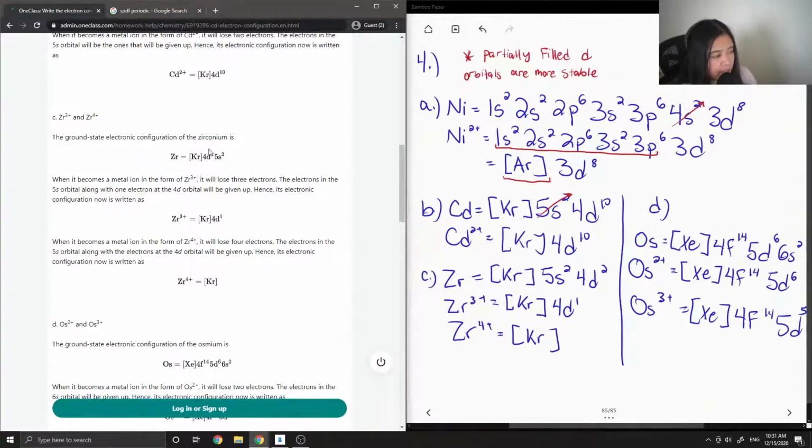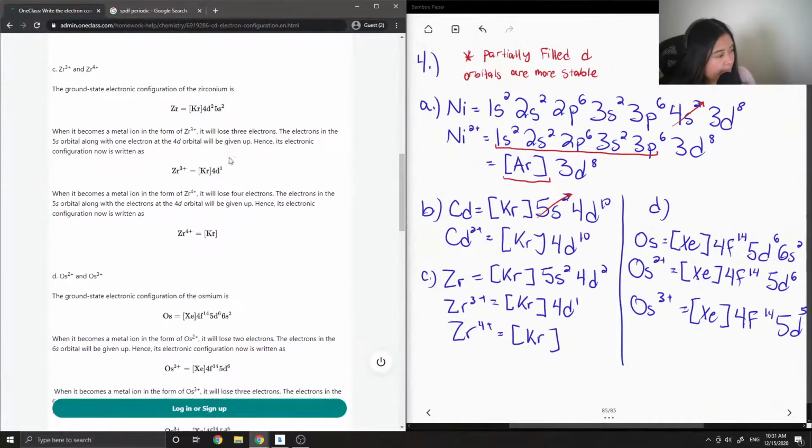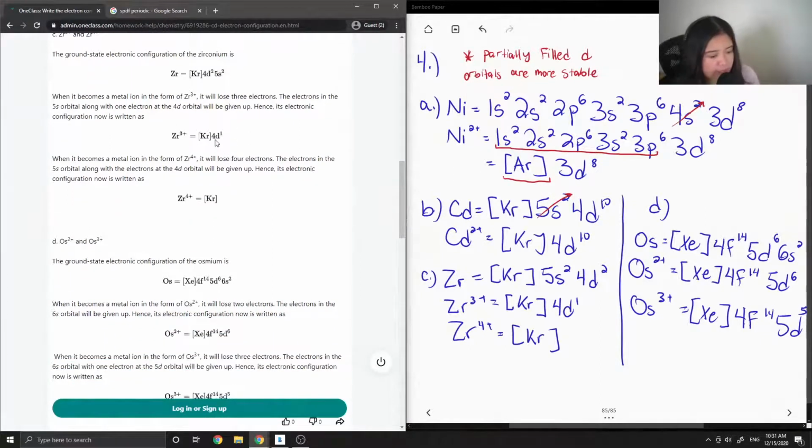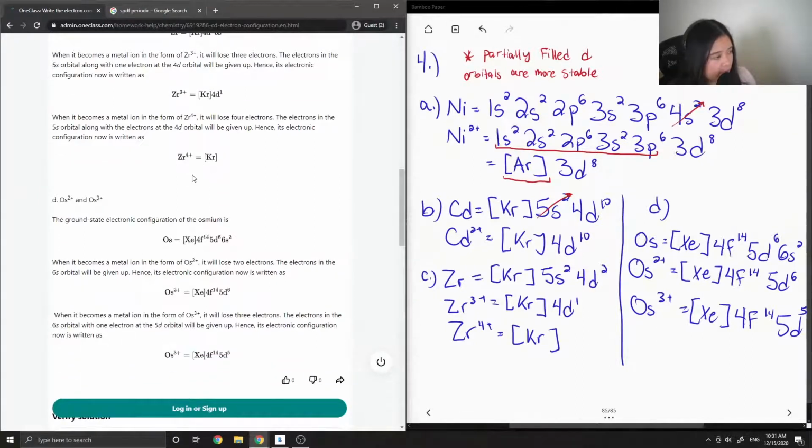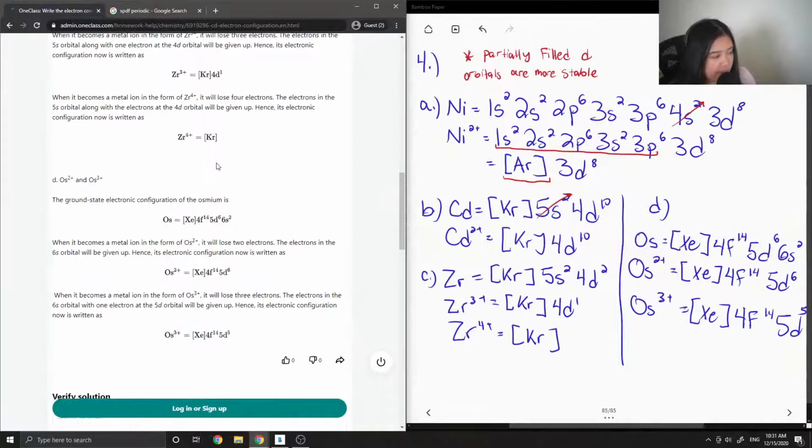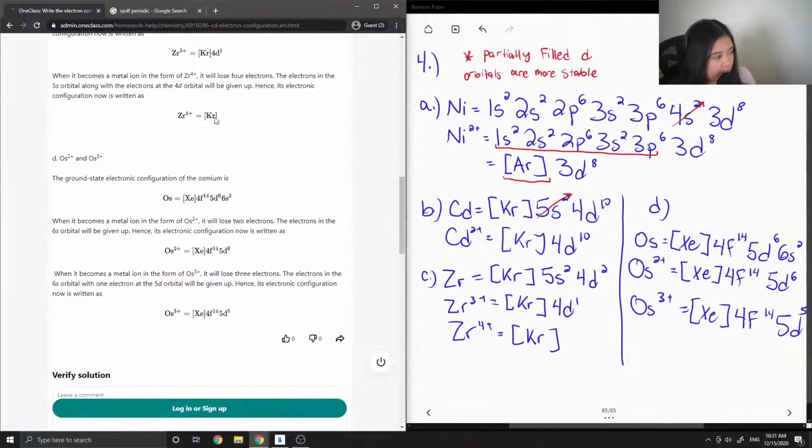For the 2 zirconium ions, they have ground state electron configuration of zirconium, krypton 4d2 5s2. So notice that they write the 4d before the 5s. So you can also write it this way as well. And when it loses 3 electrons, it becomes krypton 4d1. When it loses 4 electrons, it just becomes the same electron configuration as krypton.